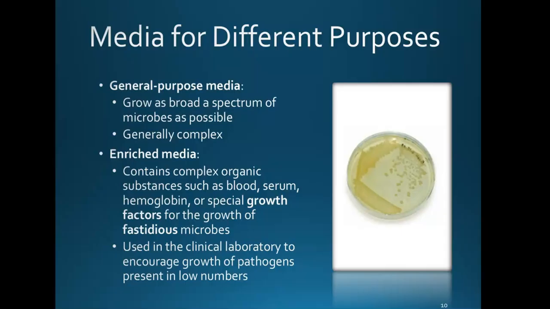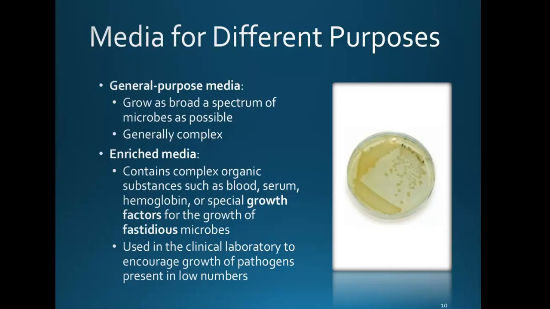We have enriched media, which helps to grow fastidious organisms. So that word fastidious means they require certain nutrients, right? They're very fastidious in their requirements, so they'll only grow if certain ingredients are present. So an enriched media, think of it as it's been enriched with something.